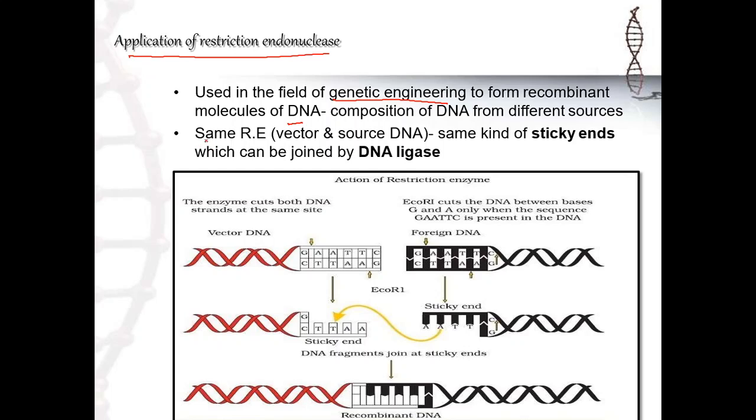Okay, so with the restriction enzymes, the vector and source DNA have some kind of sticky ends which can be joined by a ligase. So the sticky ends that were cut can be joined by a ligase and connected to the other ends of DNA.